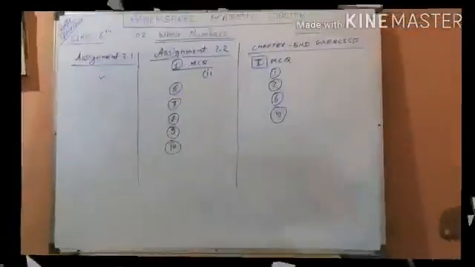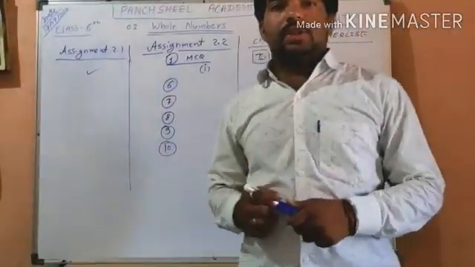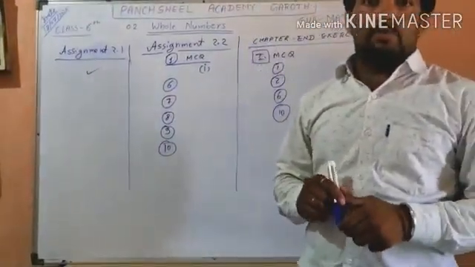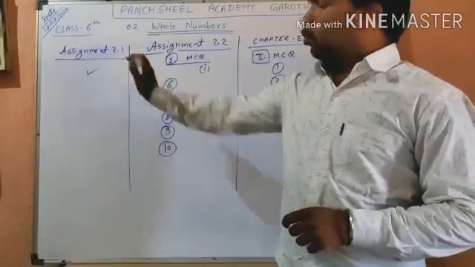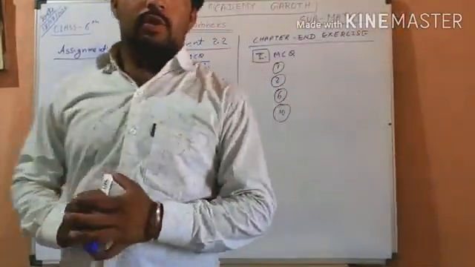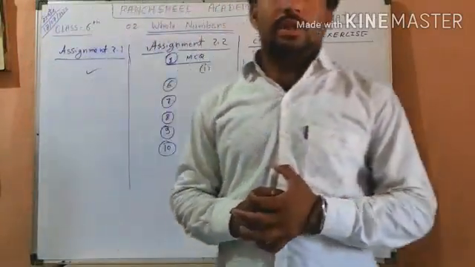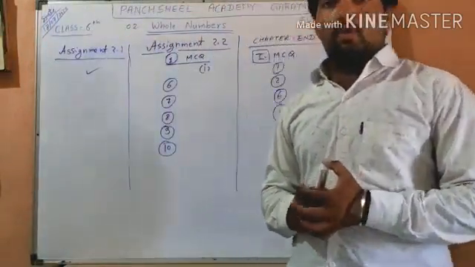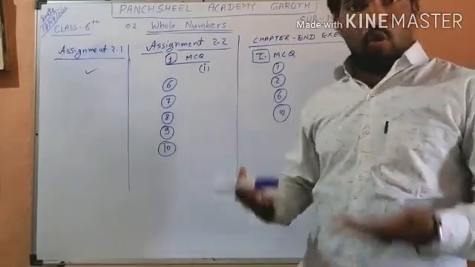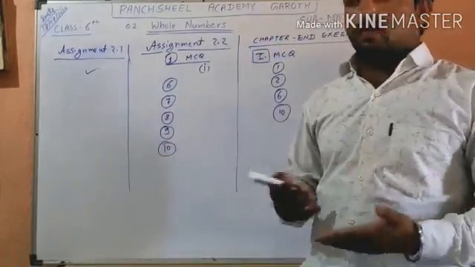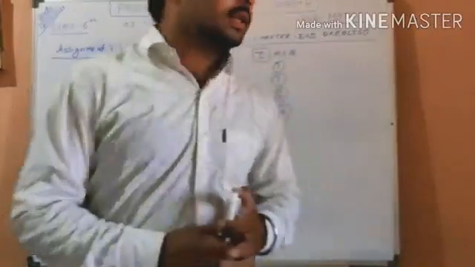Now, my dear students, in the previous lecture, I gave you some questions of assignment 2.1. First of all, if you have a book, Prachi NCERT, okay? Then it will be good for you, so you can have a book and video, and easily understand all the things.